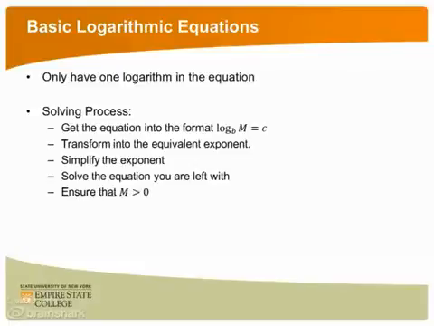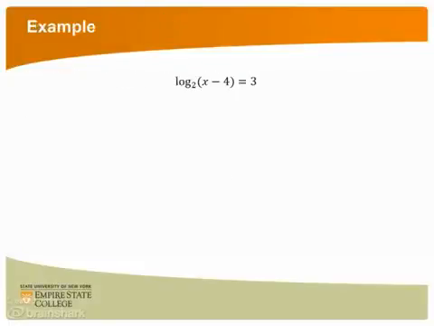Let's look at an example. Suppose we have the logarithmic equation log base 2 of x minus 4 equals 3. We are already in the correct format, so we can transform the logarithm into its equivalent exponential form.